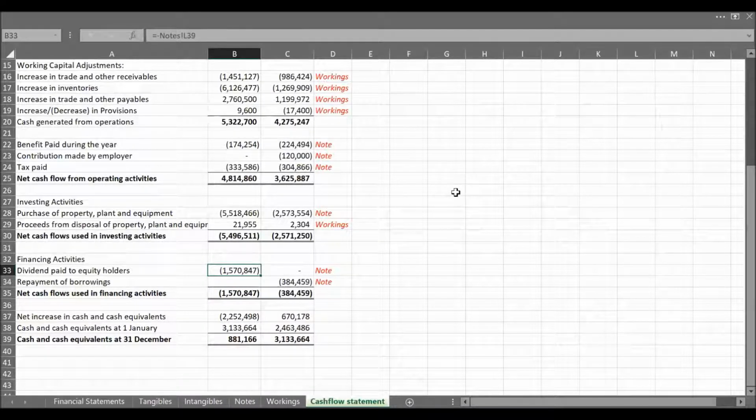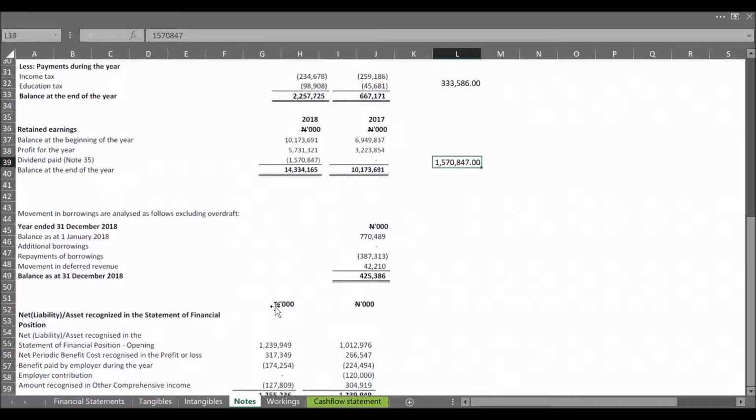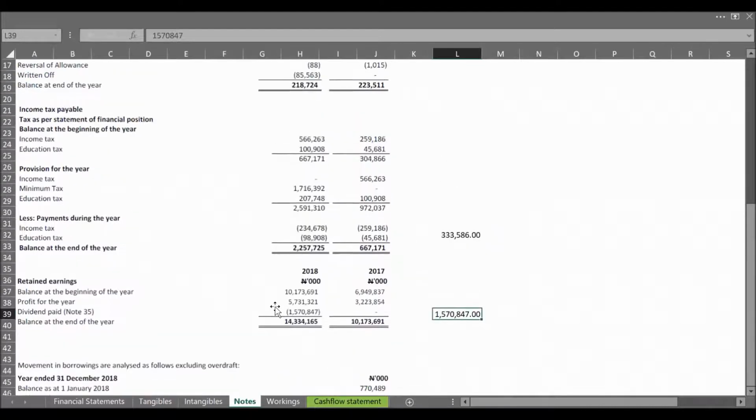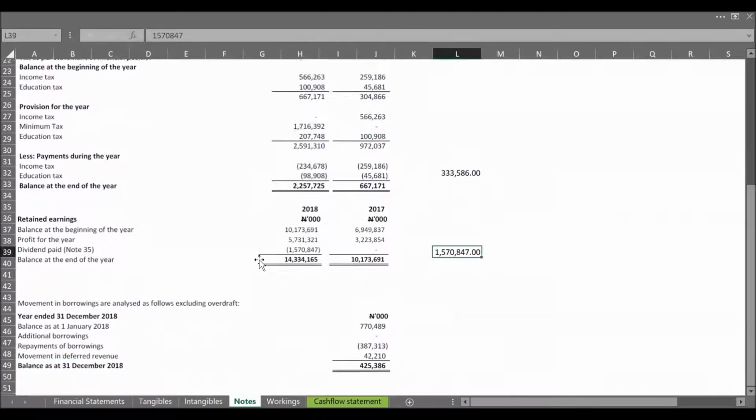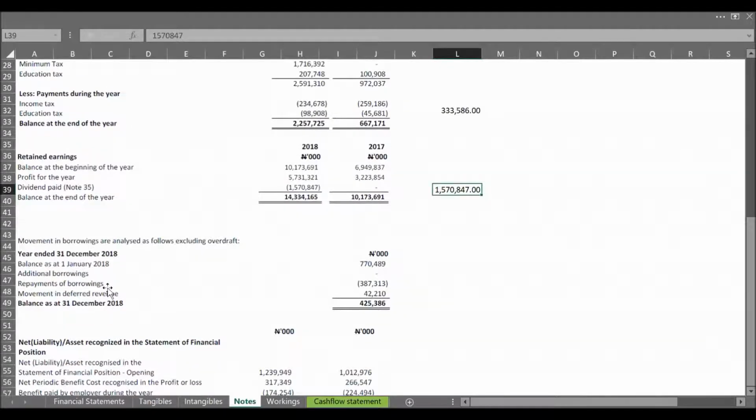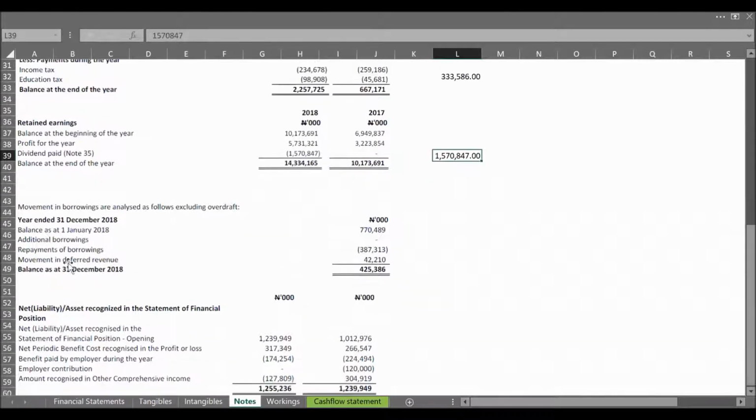Then was there any repayment of loans or borrowings? We also check from our notes. From our notes, under borrowings, you can see that there was no additional borrowing, so it won't be impacting on our cash flow.